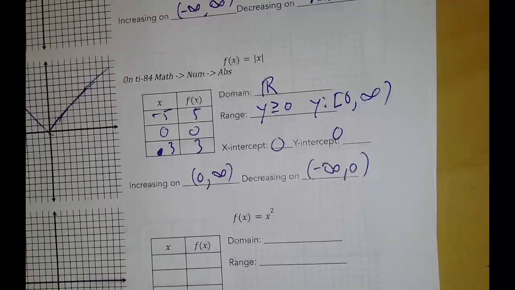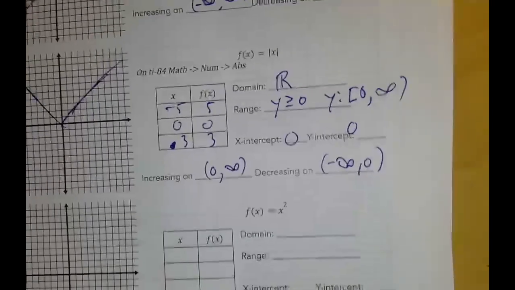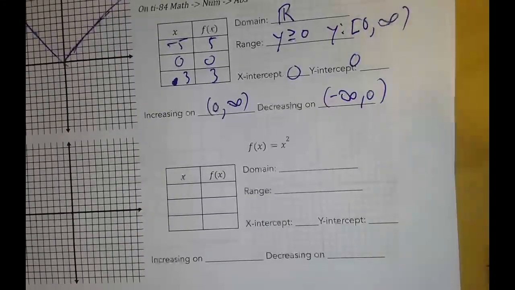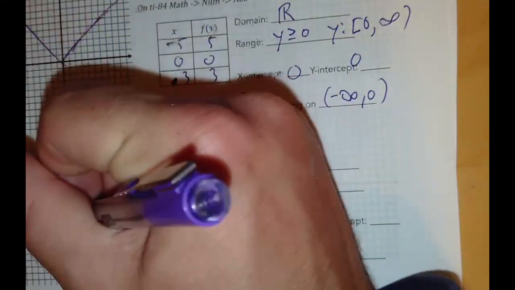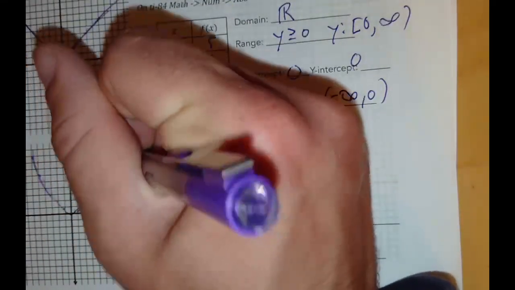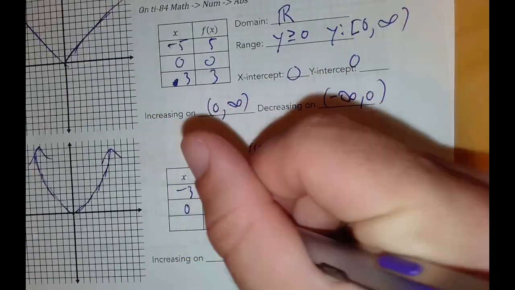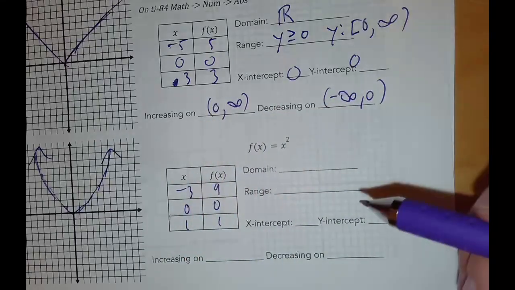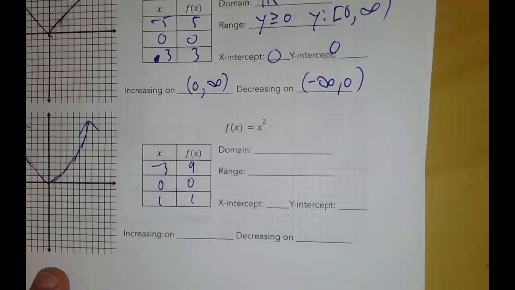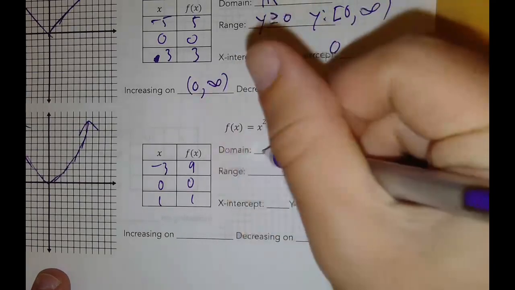Okay, we've got a quadratic here, x squared. We're familiar with these, where we have a parabola. So you might have -3 is 9, 0 is 0, and 1 is 1, whatever works for you. The domain, again, is all real numbers.